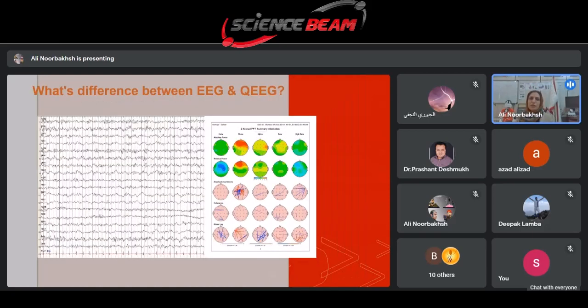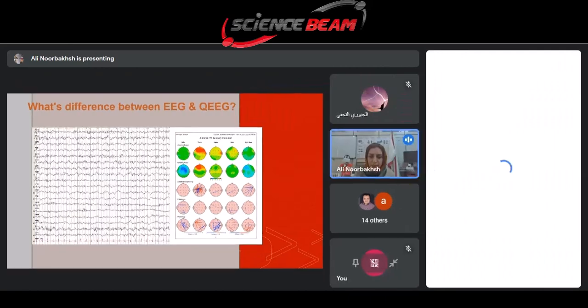And what's the difference between EEG and QEEG? A standard electroencephalogram or EEG records electrical activity or brain waves that are representative of underlying cortical brain activity.